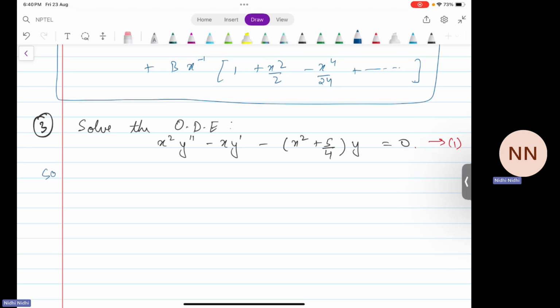Solution. Clearly, again you can see that x equals 0 is a regular singular point.